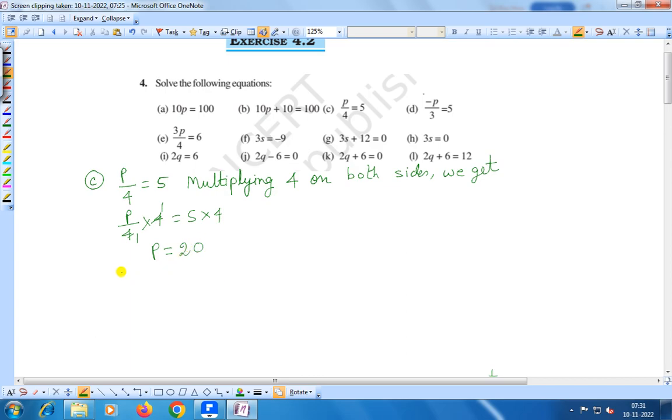Now question number D. Question number D is minus p by 3 is equal to 5.